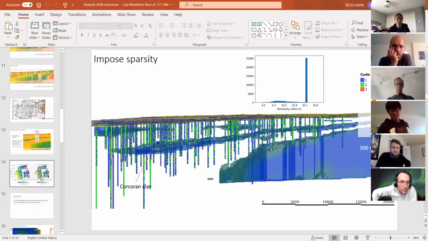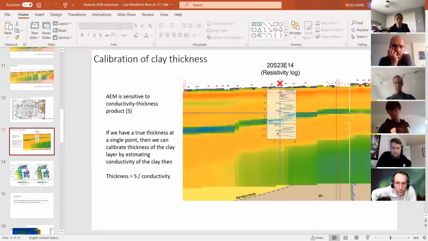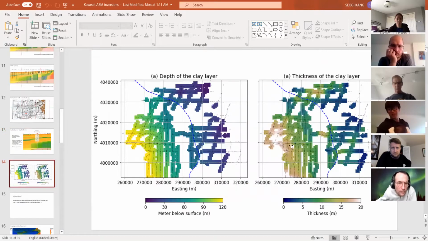At the end, it matches almost perfectly with the E-log. I haven't used the E-log, yet it hit the right top boundary of the Corcoran clay, and you can get the depth and thickness of the clay layer. So I was quite happy with that. Finally things are working.